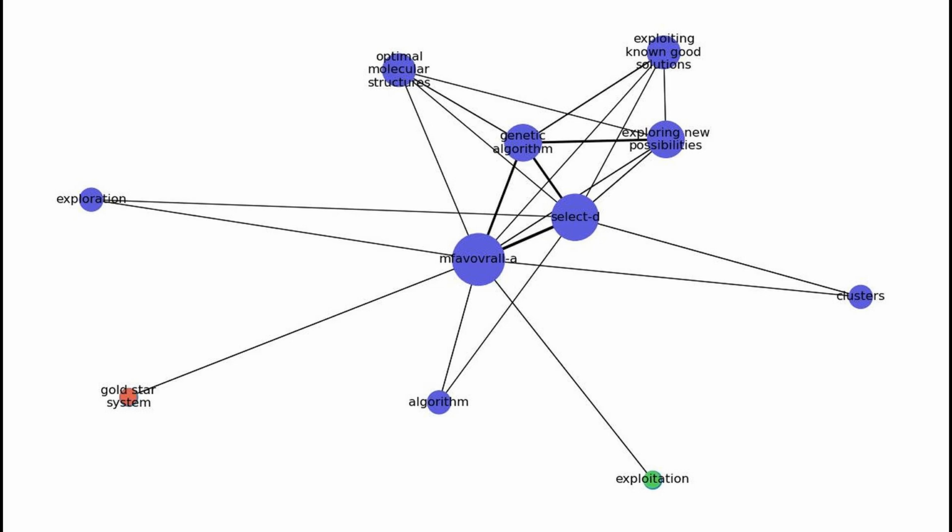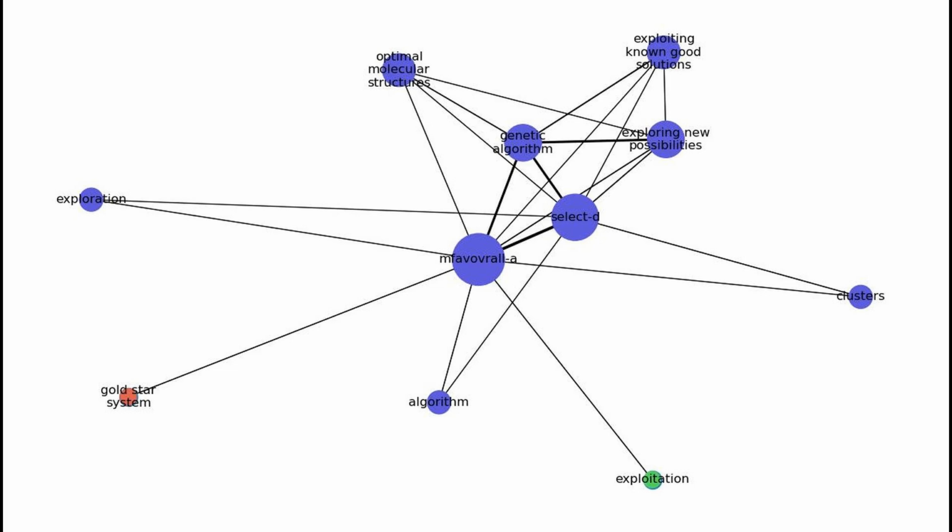The parameters defined in the study, such as MFavOvrAll-A and Select-D, play important roles in managing the balance between exploration and exploitation in the optimization of molecular structures using genetic algorithms. MFavOvrAll-A acts like a gold star system for clusters that produce the best molecular structures overall.